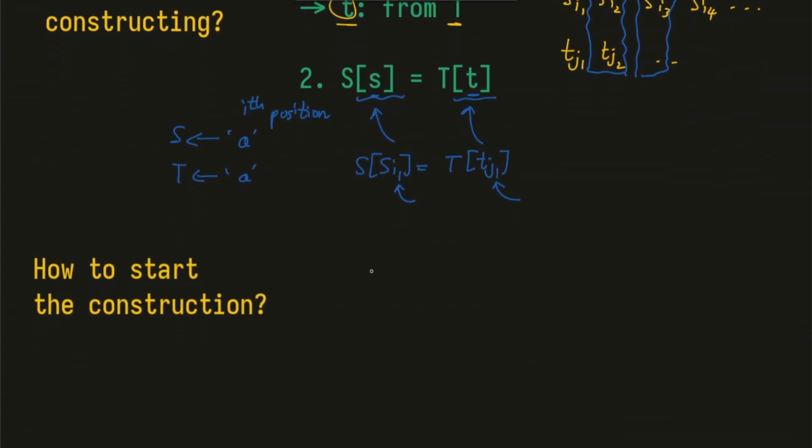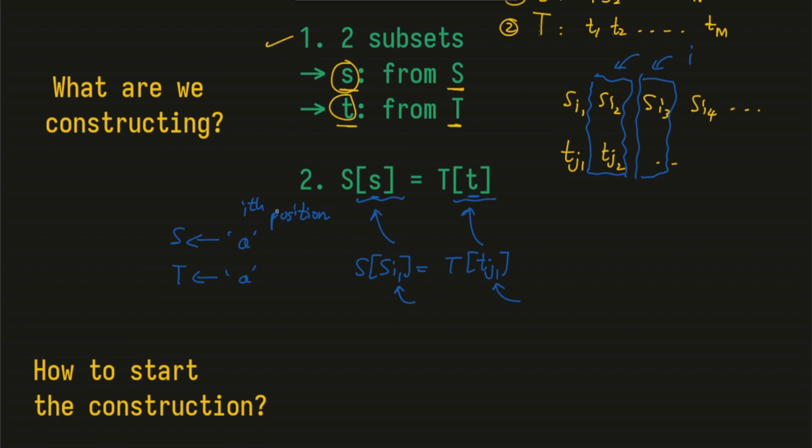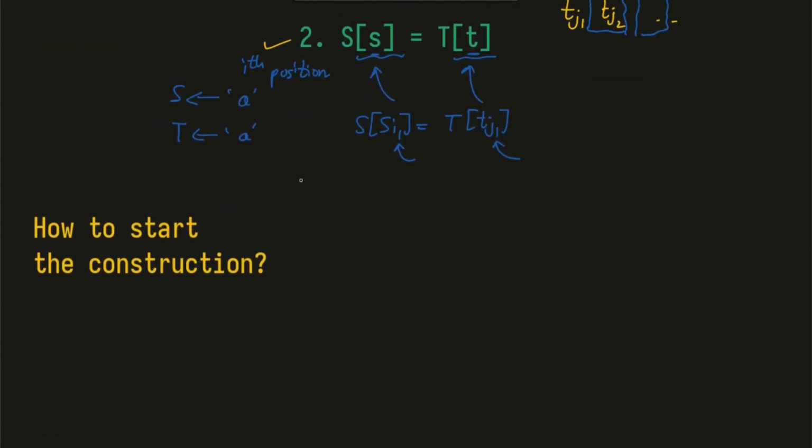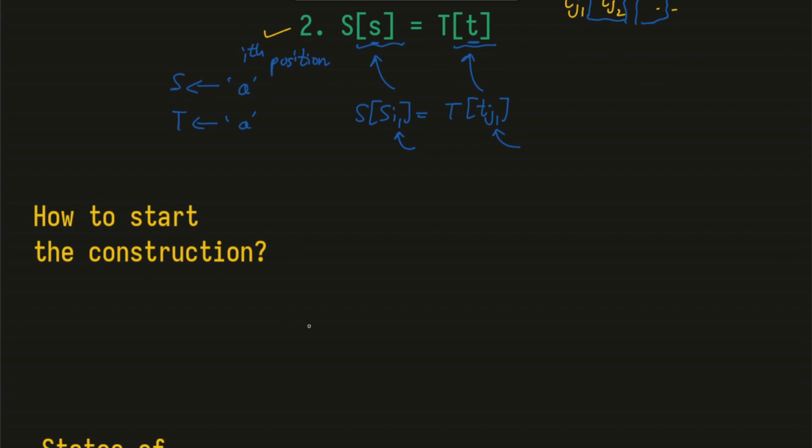Now this construction has these two properties as we saw earlier. Now we need to start constructing these two subsequences. We are given this S which has some fixed length, and this T which has a fixed length. This construction is of two subsets, and these two subsets can start anywhere.